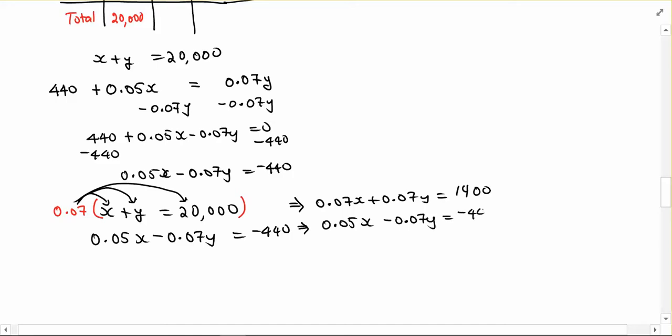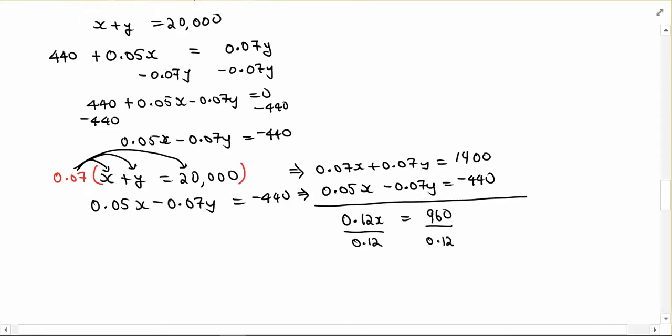Negative 440, and if I add these, the y's cancel out, and 0.07 plus 0.05 gives me 0.12x is equal to 1400 minus 440, which is 960. If I divide that by 0.12, I get x equals 960 divided by 0.12, 8,000.